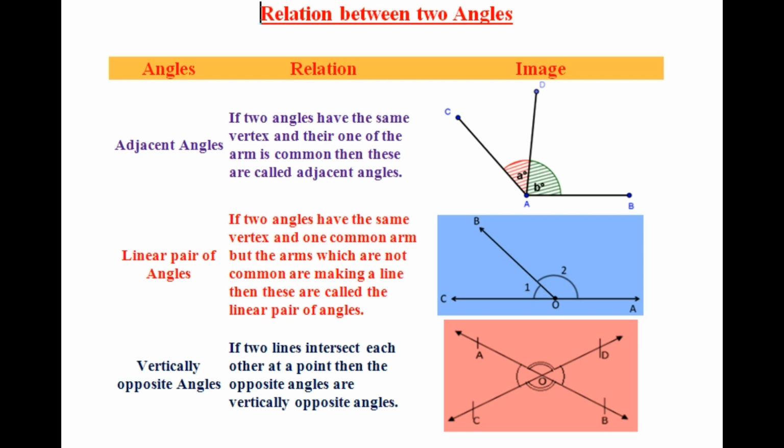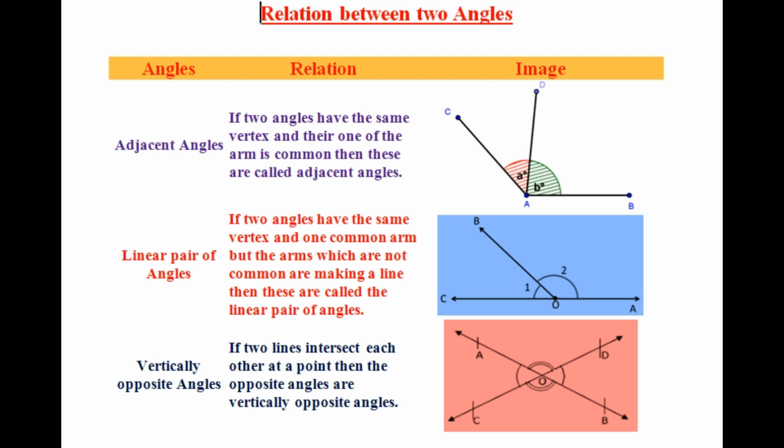There it forms four angles. But you take opposite angles. Here you have two pairs of opposite angles. Clear? They are always equal. They are called vertically opposite angles. So vertically opposite angles are equal.